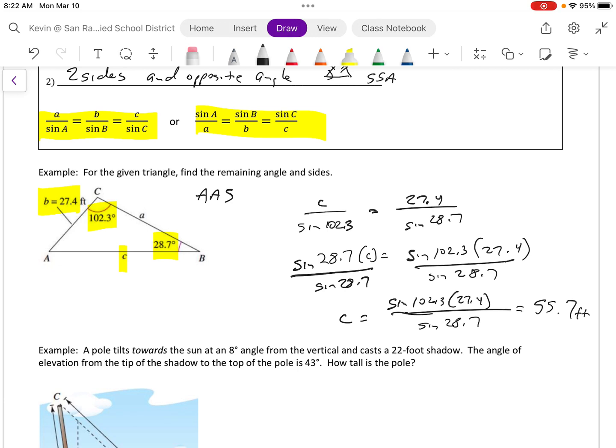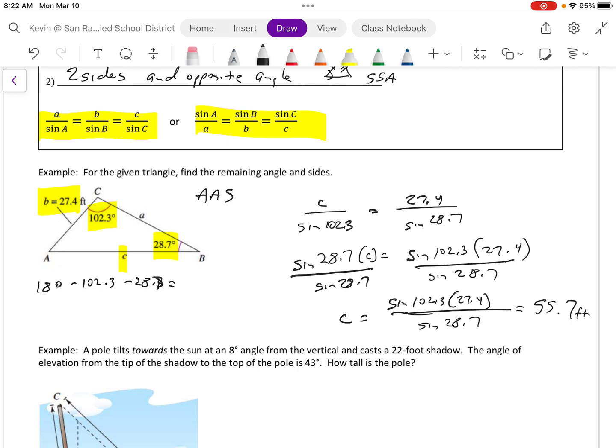All right, so we can find the remaining angles and sides. Well, first of all, angle A. There's a triangle. We have 180, right? Minus 102.3 minus 28.7.